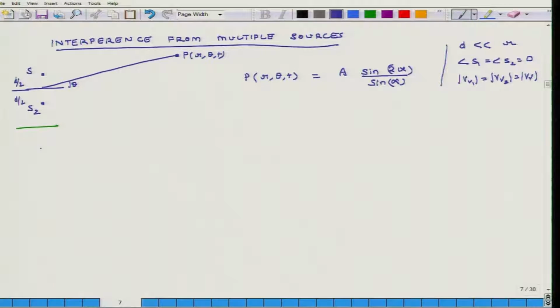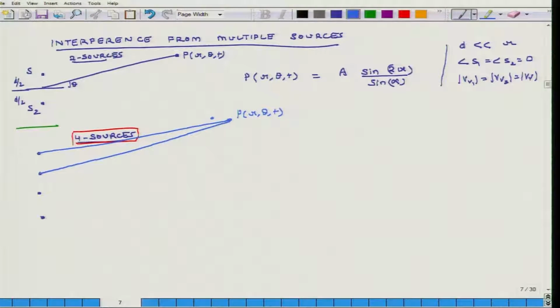Then we developed an expression for four sources. In this case the point is still far away. Let us say this is the point P at r, theta, t, and sound is coming from all four sources, and the separation distance between each of these sources is d over 2.